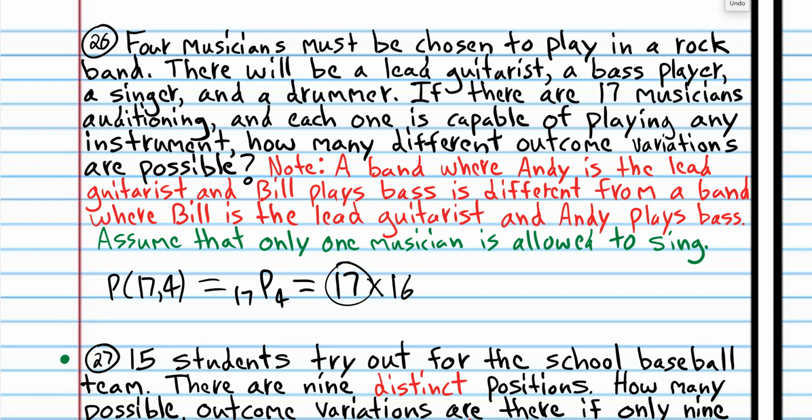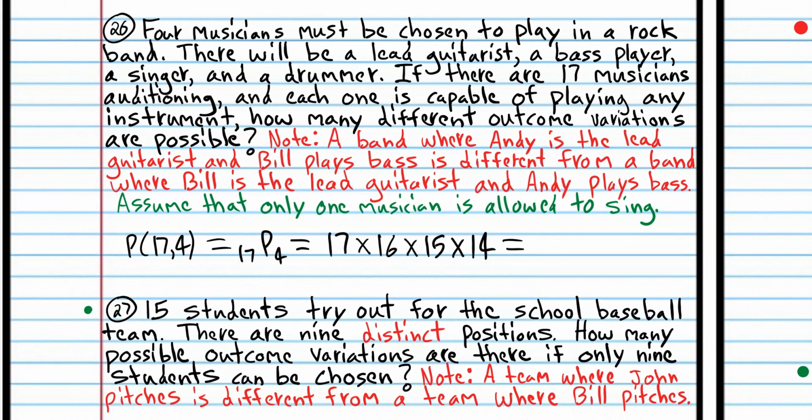So 16 options, and then 15, and then 14. So that is the same calculation that we've been doing. So we'll enter that into the calculator, and we get 57,120 different bands are possible.